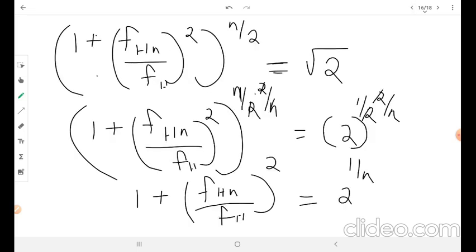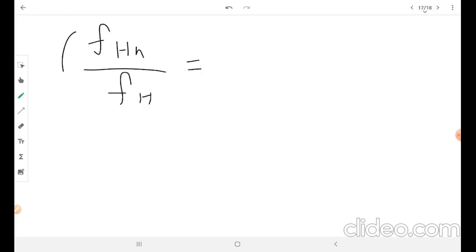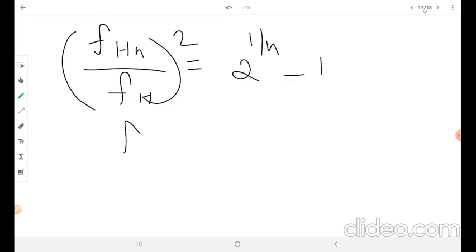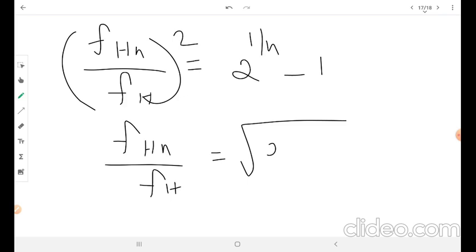Then we can write FHN divided by FH all square, that's equal to 2 raised to 1 by n minus 1. So FHN by FH, what is its value? That's equal to root of 2 raised to 1 by n minus 1.